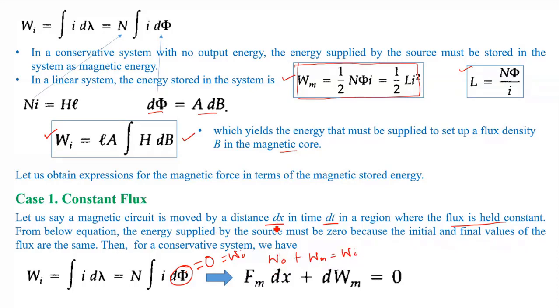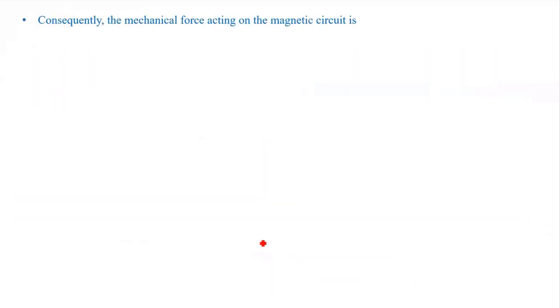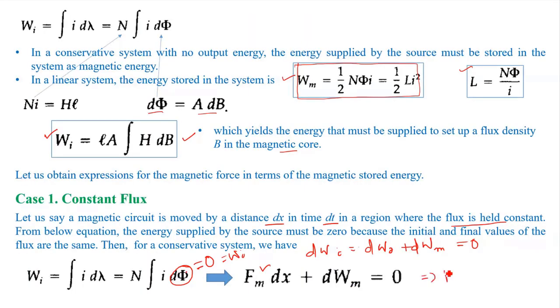So for the incremental displacement dx, I can write dWi equal to dWo plus dWm. dWi is 0, so I can write dWo, which is Fm dx, plus dWm equal to 0. So from this equation, consequently the mechanical force Fm will be equal to minus dWm by dx.